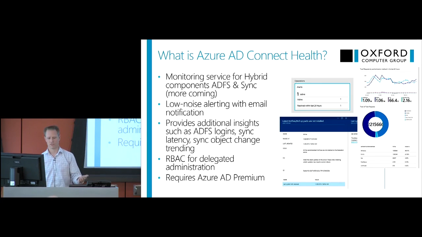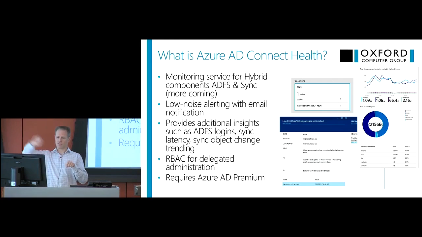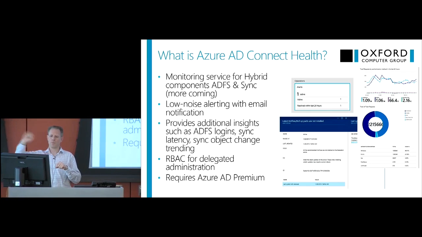If you're interested, we can talk a little bit more offline. But there's effectively a set of services that you get with premium. App Proxy is part of the basic set. This one's part of the premium set. Effectively, what we do here, when you deploy AAD Connect, we deploy the health agent. And the health agent is effectively sending events up through an Azure service, Event Hub, I believe, up into the cloud.